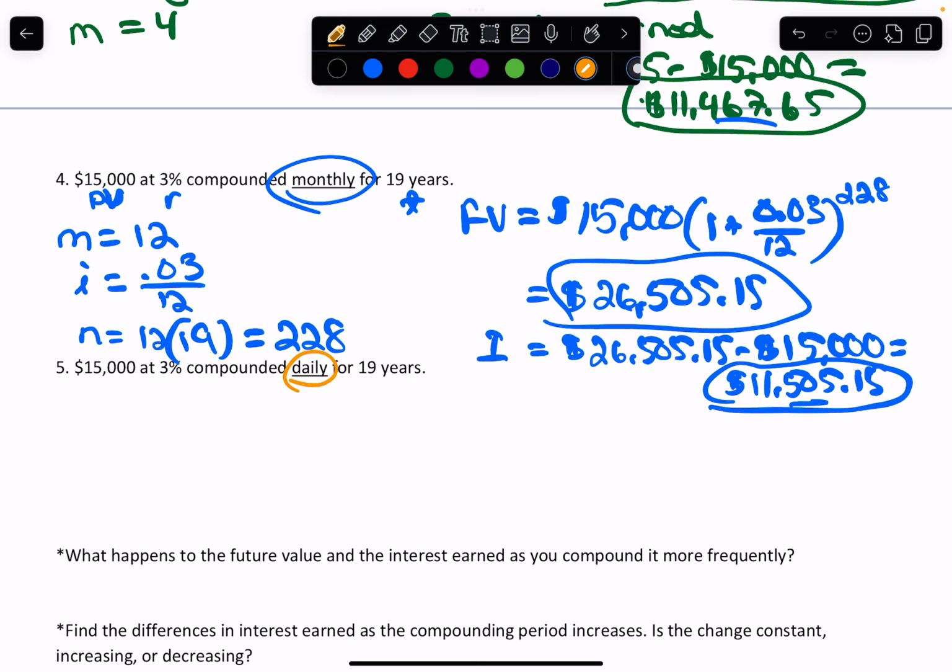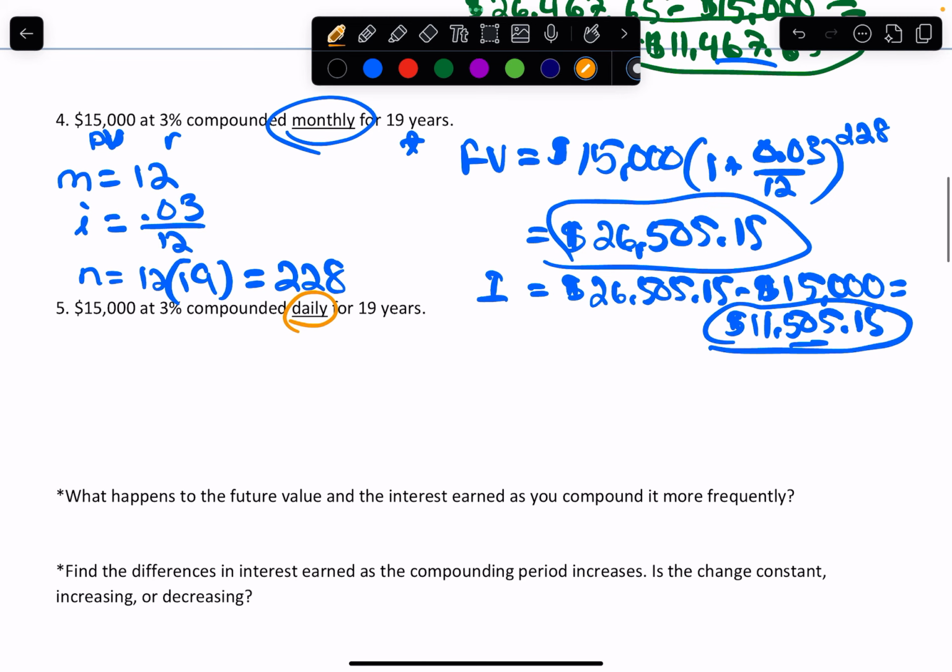So the exact same amount at 3% for the same. So our present value, our rate, and our time is going to be the exact same. Our M is going to be 365. Our I is going to be the rate, 0.03 divided by 365.